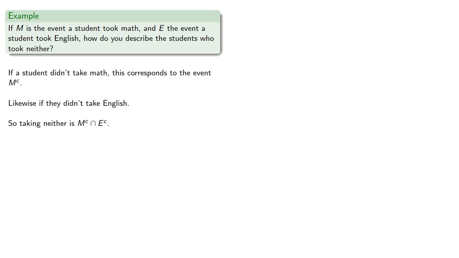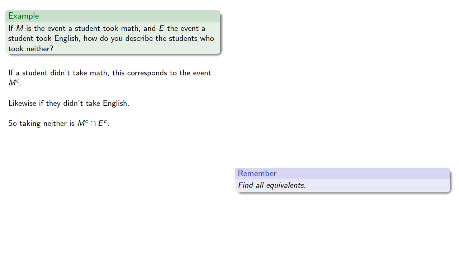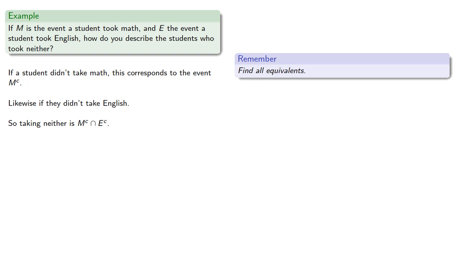Now, a useful strategy when working with probability is to find all equivalent formulations because one of them will probably be easier to work with than the others. So even though taking neither can be described this way, we note that De Morgan's law also allows us to describe it as the complement of the union.